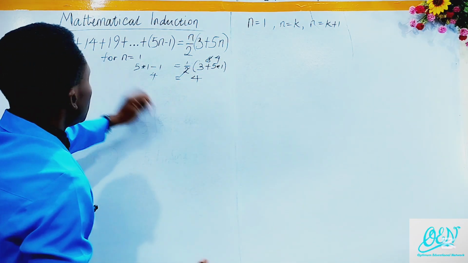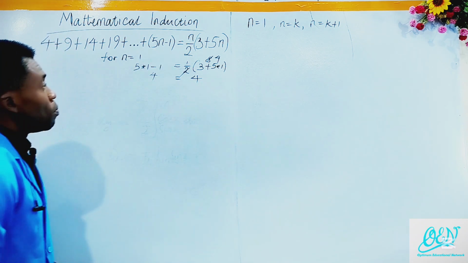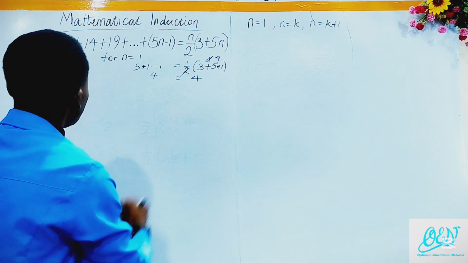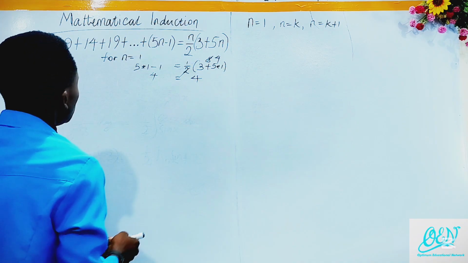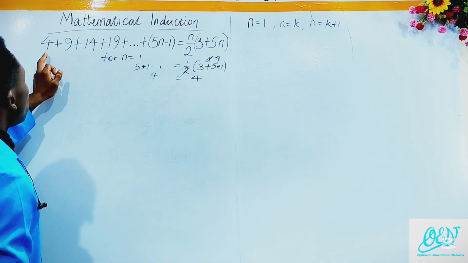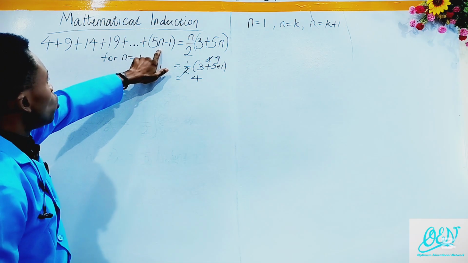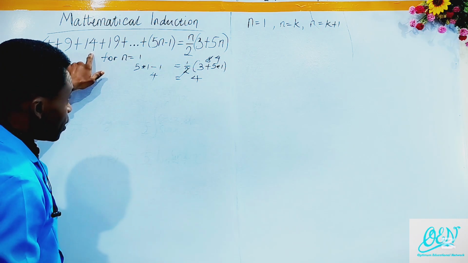So we have shown that these two expressions can be used to account for the first term. Now, someone might even ask, what if n is equal to 2 or if n is equal to 3? If n is equal to 3, that means we are looking for 1, 2, 3. So we put n into this expression, we should be expecting to get 14. That's n is equal to 3.